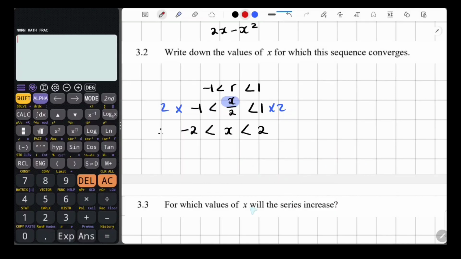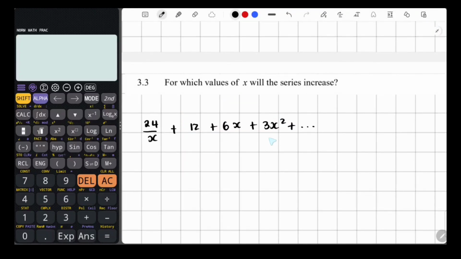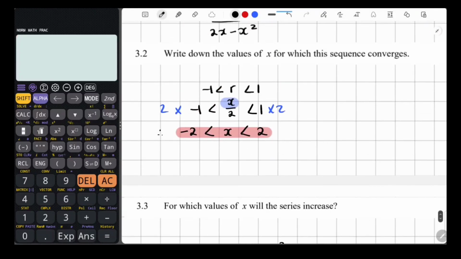Now, to answer for which values it will increase, you're going to have to look at the parameters for which it converges and see what this is actually doing to the pattern. Let me write down the pattern that we have. These are the values for which it's going to converge.